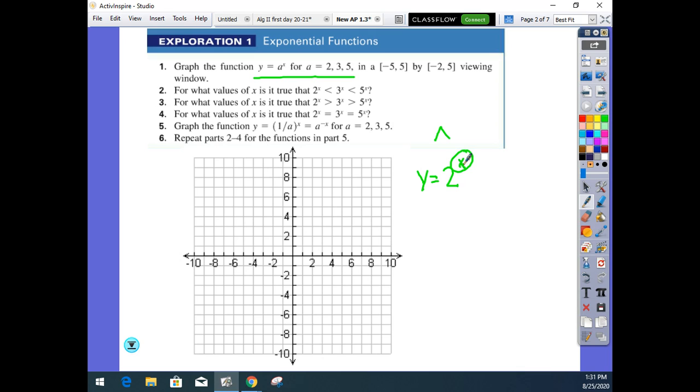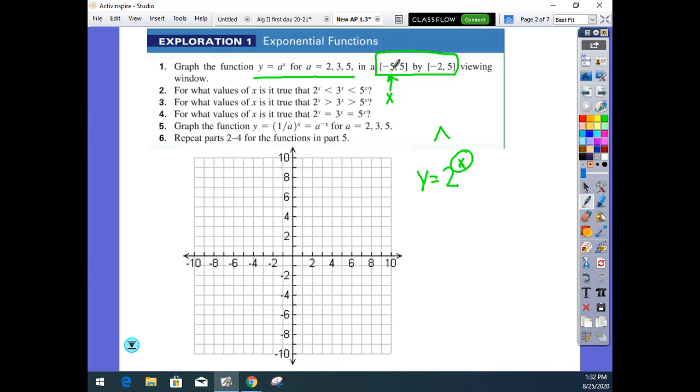The next thing I want you to notice, they're giving you a viewing window right here. The second gray button from the left says window. Push that. It says x min, x max, and x scale. This is your x min, your x max. This is interval notation, all right?